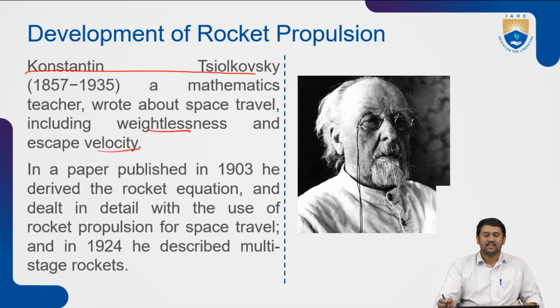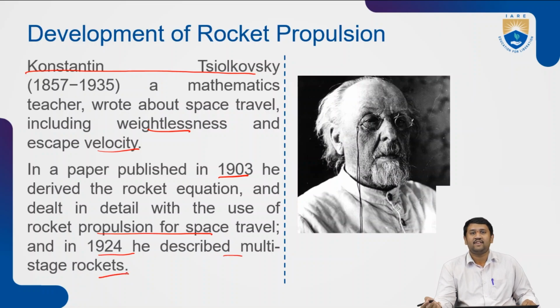In a paper he published in the year 1903, he derived the rocket equation and dealt in detail with the use of rocket propulsion for space travel. And in 1924, he described multi-stage rockets.